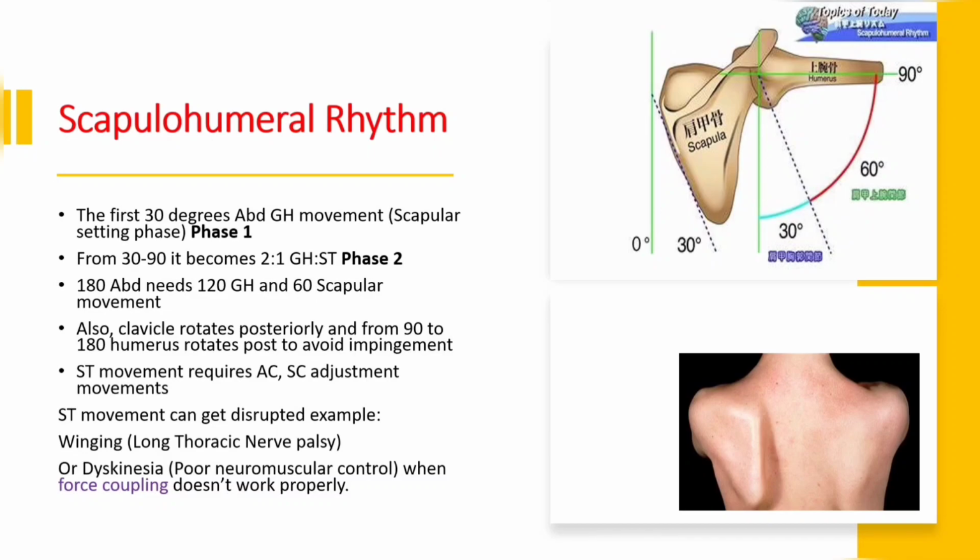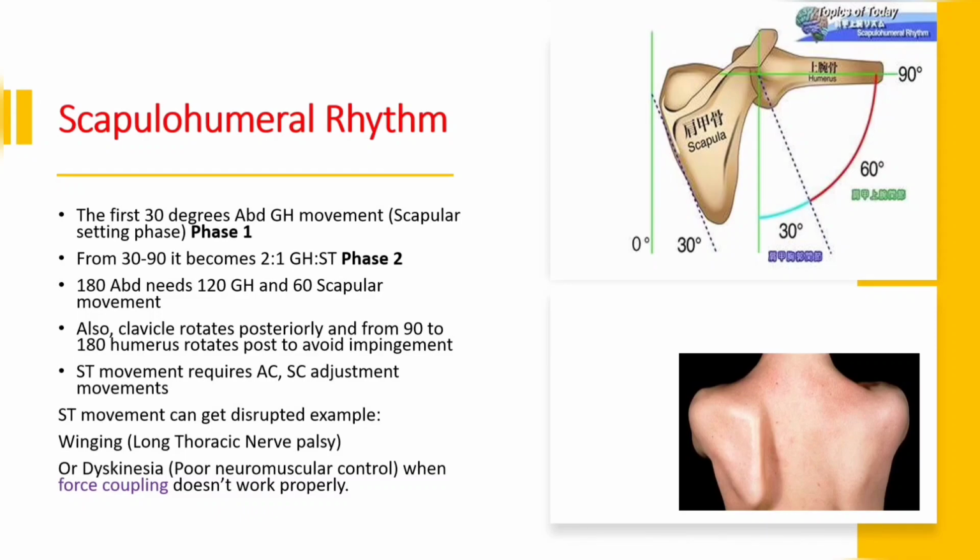And as I said earlier, we need adjustment movements. For example, the clavicle has to rotate posteriorly, the AC joint has to rotate upwardly, and also the sternoclavicular joint has to roll superiorly to adjust itself. If one element is not moving or is stiff, the range of motion won't be complete.